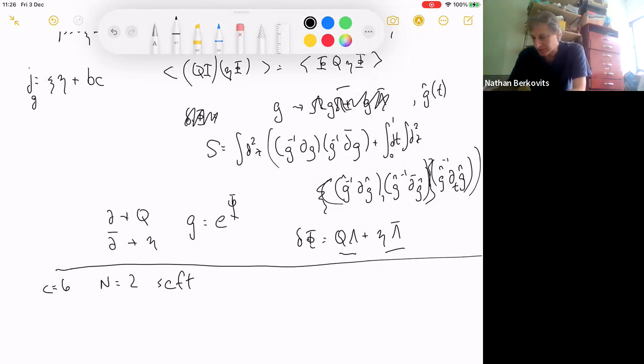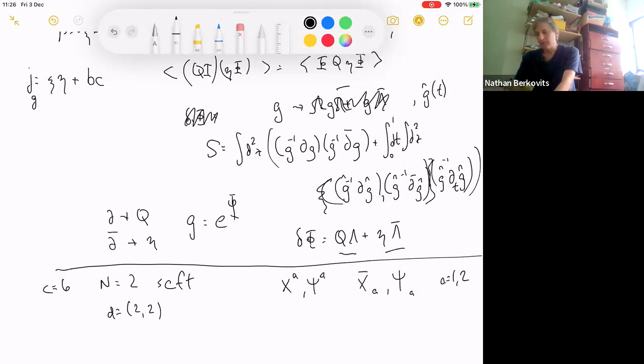The simplest example is where you have X and X bar, where each of these takes two values, a equals 1 to 2, and you think of this as some complex two-dimensional space. So this is normally thought of as D equals 2,2. There's a huge paper with many authors discussing this first, and then Ooguri and Vafa showed that for the open string, this describes self-dual super-Yang-Mills.